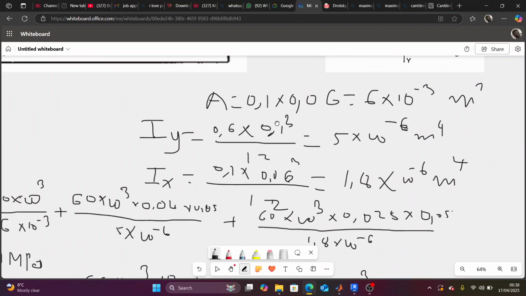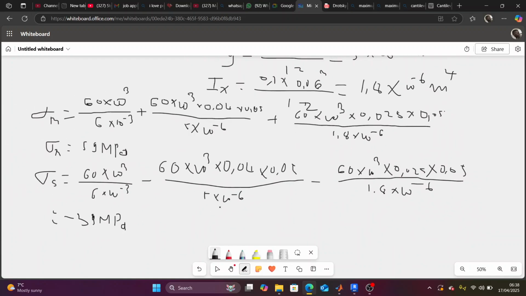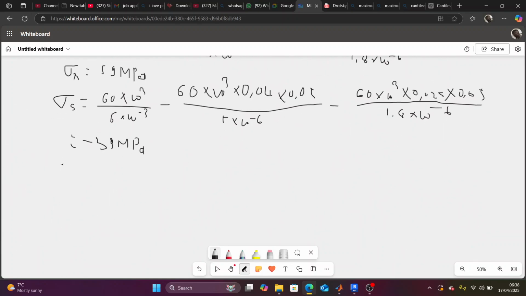Now, here we go. Let's look at the stress at rho T. It is force over area. It is 60 times 10 to power 3 divided by 6 times 10 to minus 3.